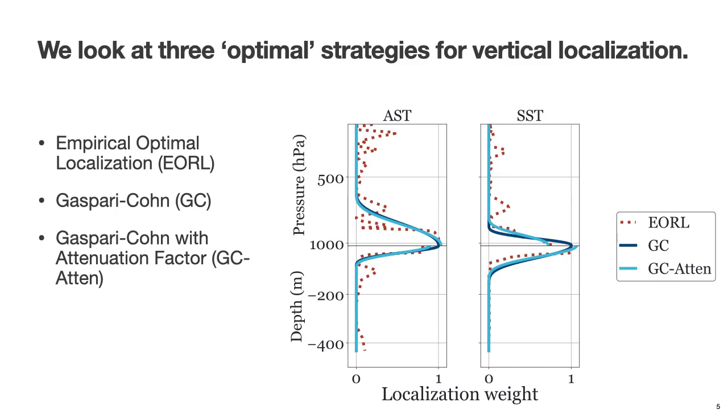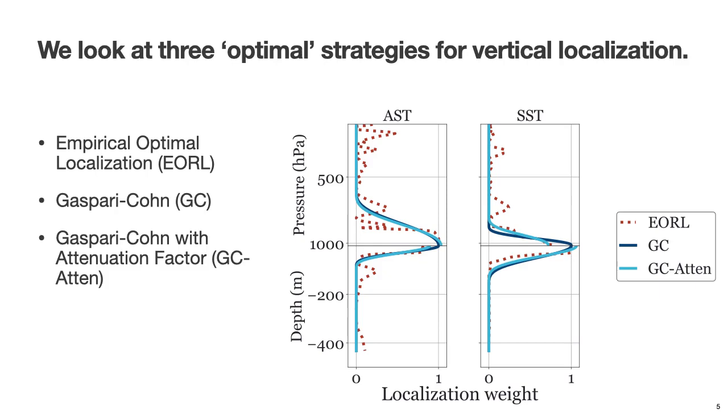The other localization strategies that we looked at are parametric. The first is simply taking the Gaspari-Cohn function, a commonly used localization function, and setting an optimal localization radius in both the atmosphere and the ocean for each observation type. Then you can also allow the height of that Gaspari-Cohn localization function to shift.